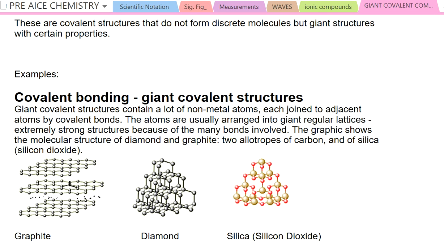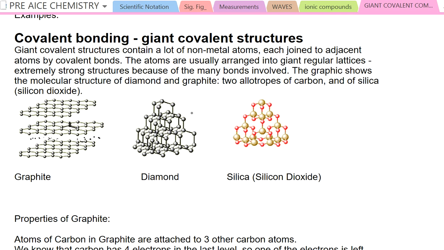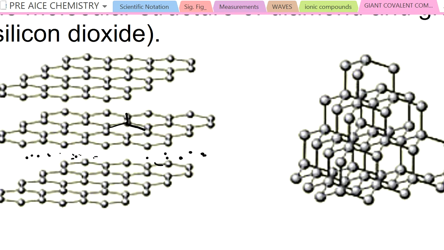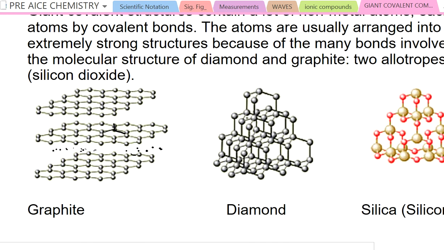Discrete means small molecules, but these are big giant structures. You can see, for example, in the graphite here, that we have layers of carbon atoms bonded together. Each of these circles that you see here is a carbon atom.